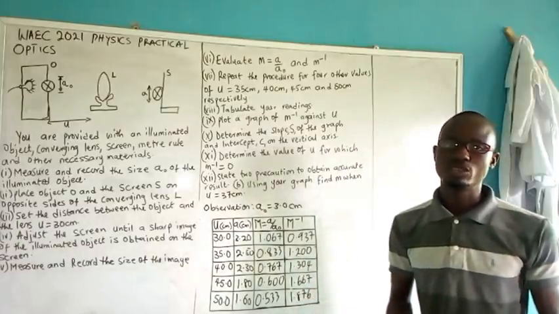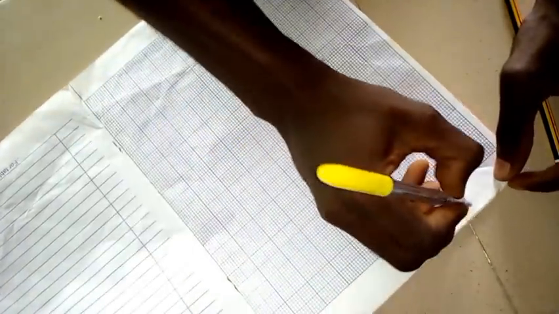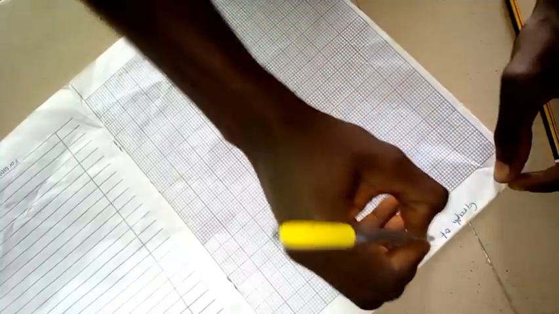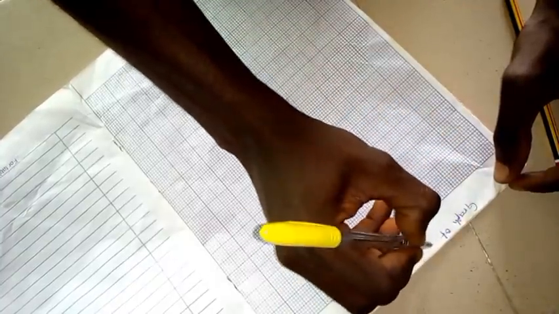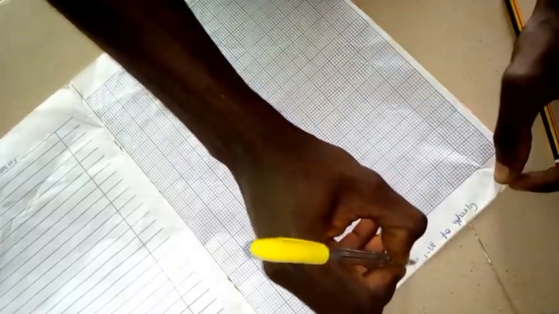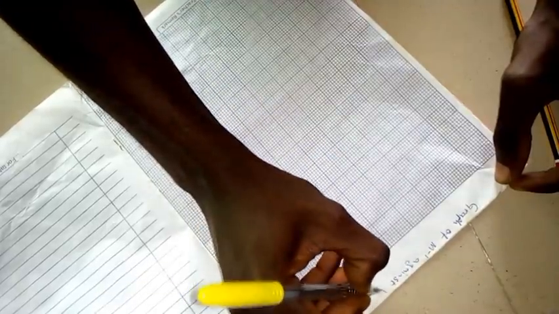Then we can go ahead to plot our graph. So let's see how the graph will be plotted. The graph title is graph of m inverse against u.